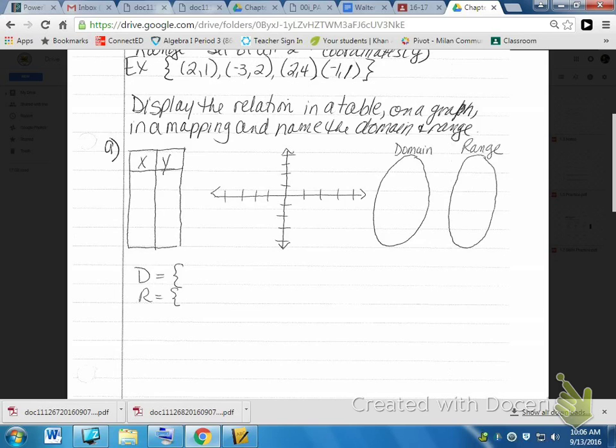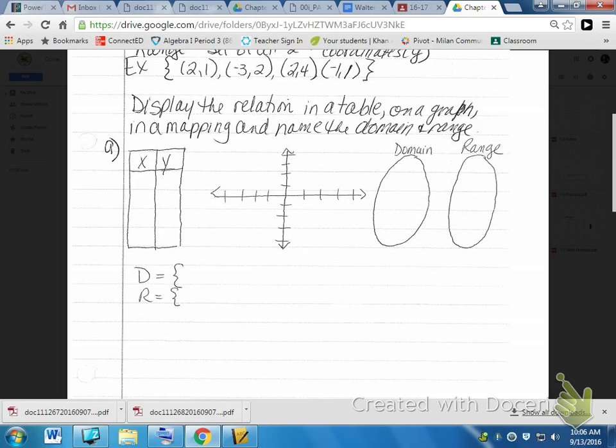So the first way of representing that relation is in a table. In a table, it can be either vertical like the one shown here, or it can be horizontal, but the columns or rows are separating the x's and y's. And you just take the points one at a time and place them in the table.